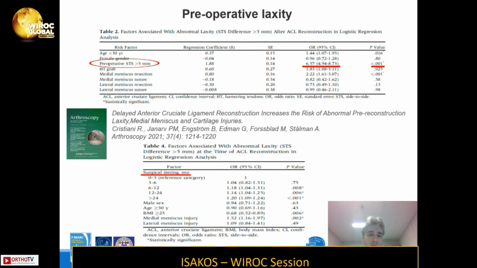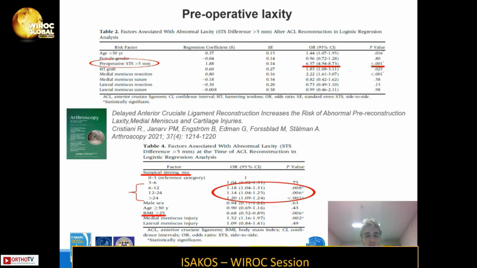What we found was that patients who waited more than 6 months from injury to ACL reconstruction had a higher risk of having abnormal pre-reconstruction laxity compared with the patients who got early surgery. So the reference group was between 0 and 3 months from the ACL injury. So also surgical timing is important in reducing the risk of preoperative knee laxity, which in turn is the most important factor affecting postoperative knee laxity.